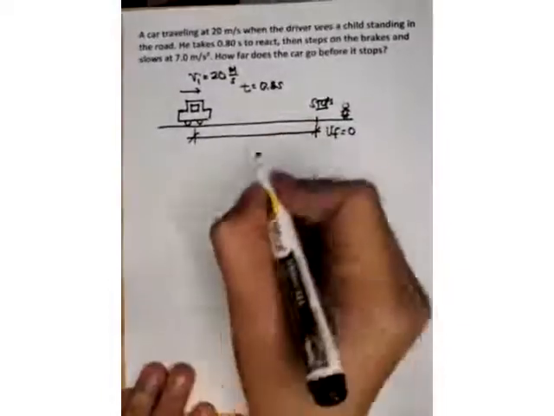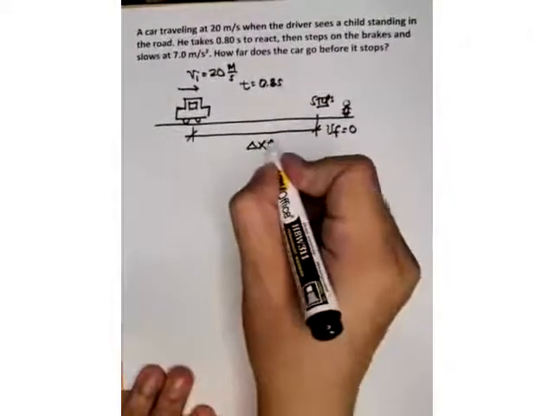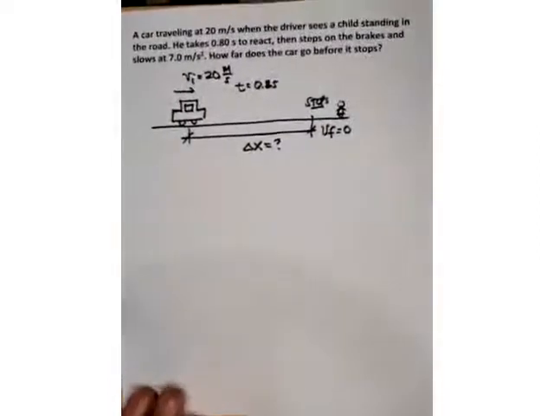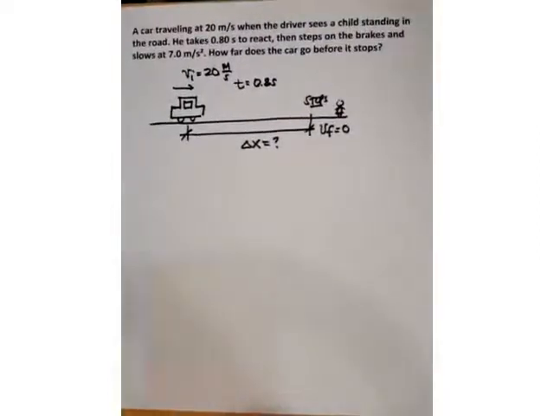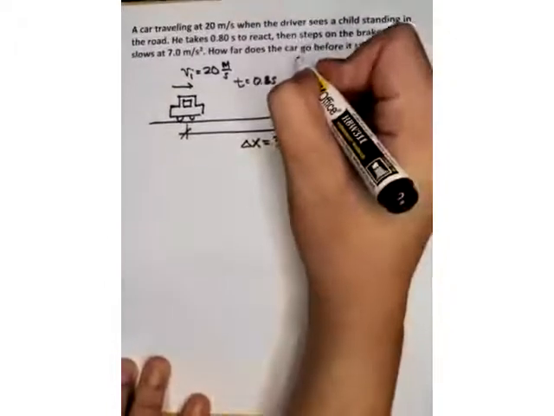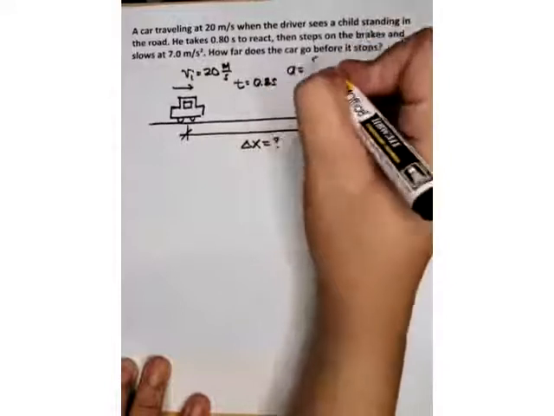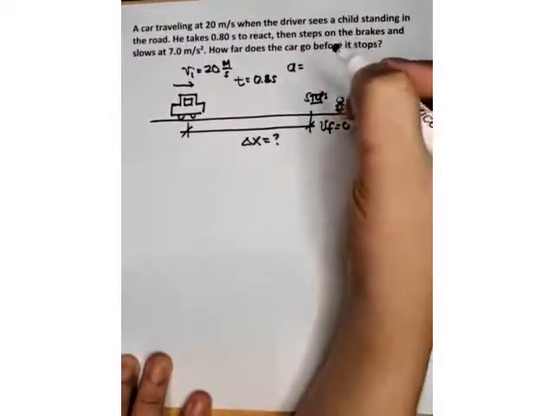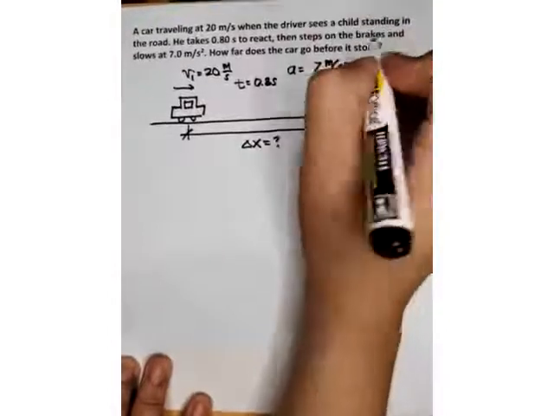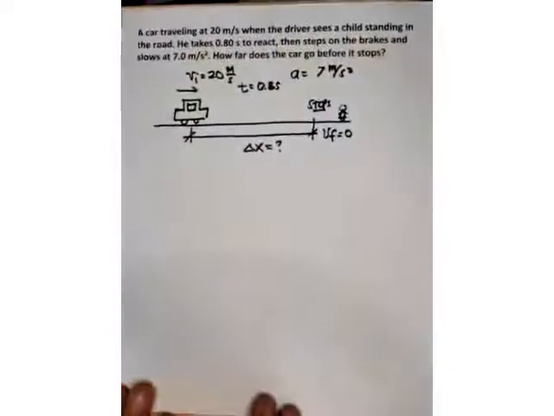Okay, ang tanong ay, how far does the car go before it stops? So, what is delta x? Okay, ano yung kanyang acceleration? Ang kanyang acceleration ay 7 meters per second square.